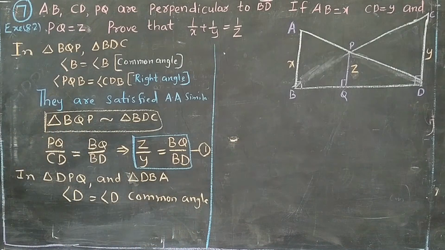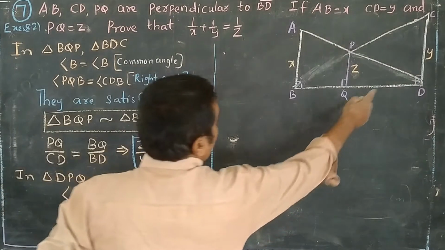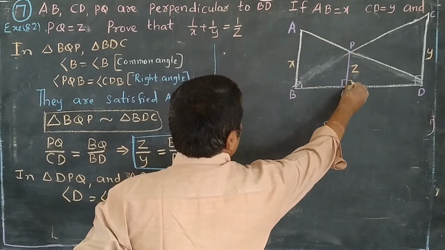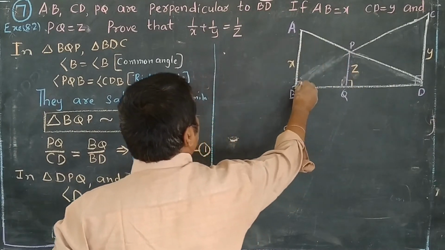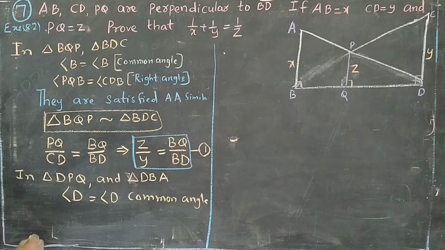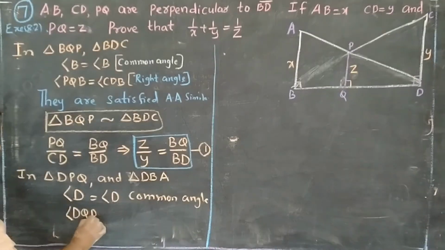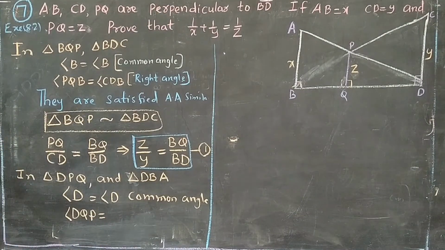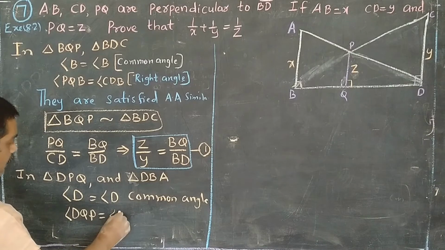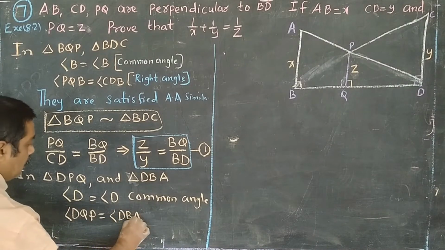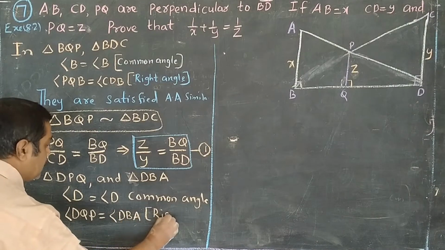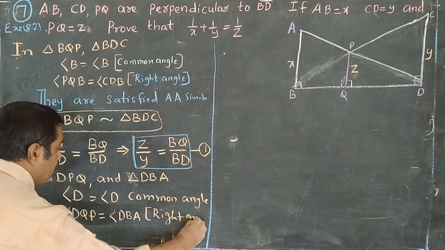For the small triangle, here a right angle is there. For the biggest triangle, here a right angle is there. Not only that, angle DQP is equal to angle DBA, always the right angles. This is also given.